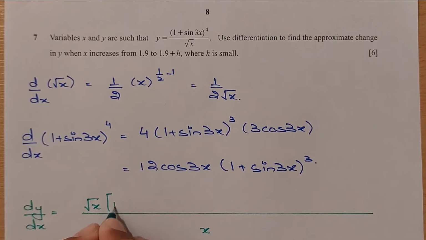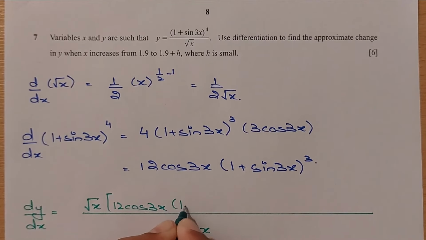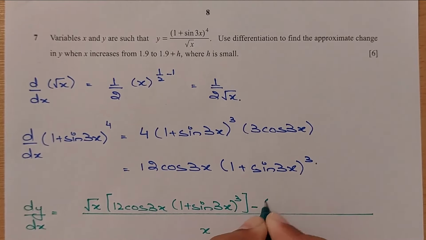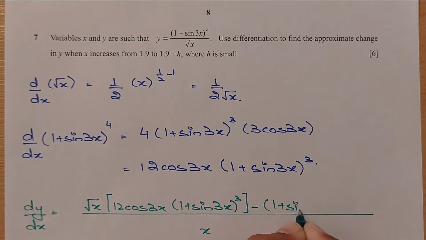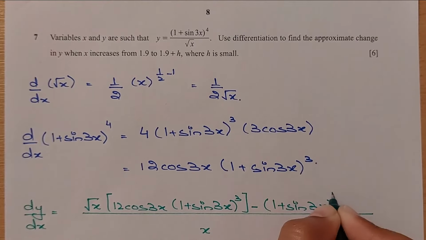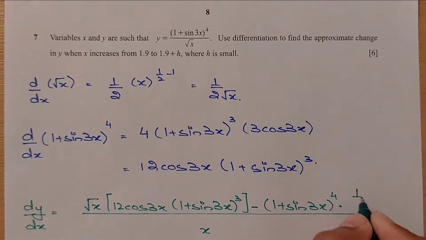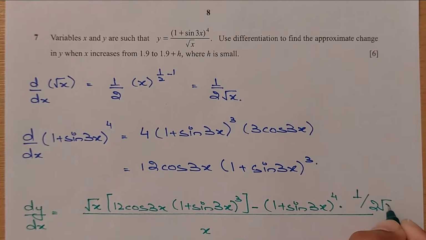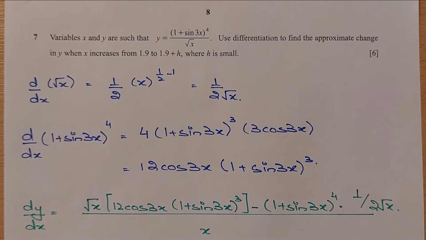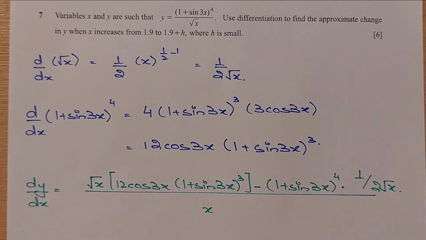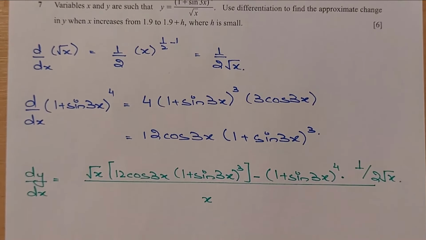So that is equal to 12 cos 3x into 1 plus sine 3x whole cube, minus the numerator term 1 plus sine 3x exponent 4, and the derivative of the denominator term is 1 divided by 2 square root of x, right?